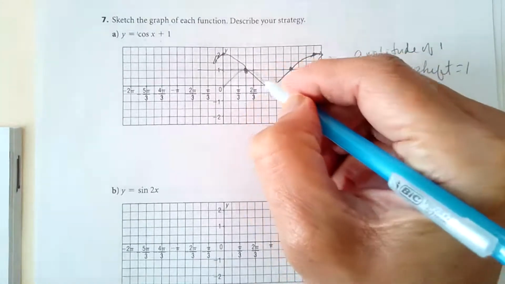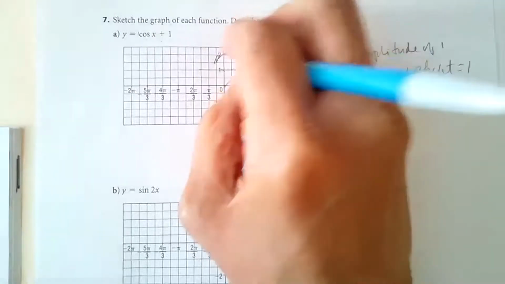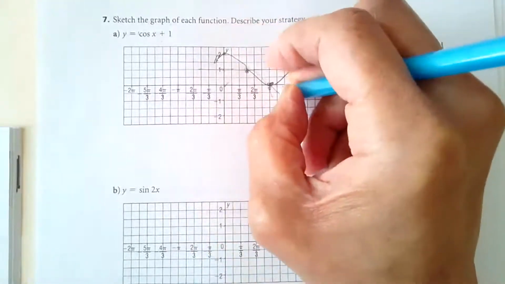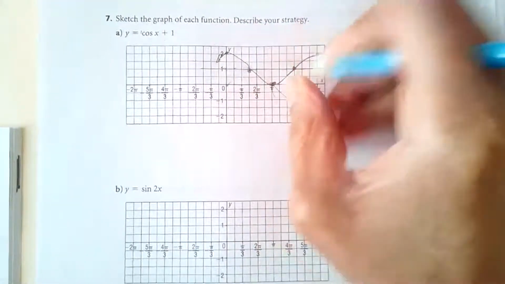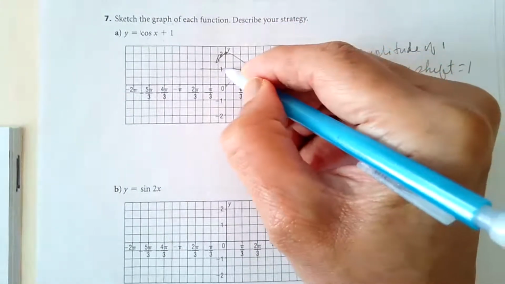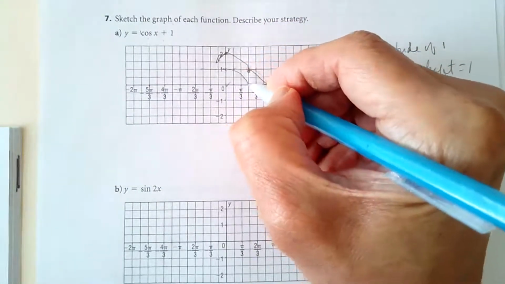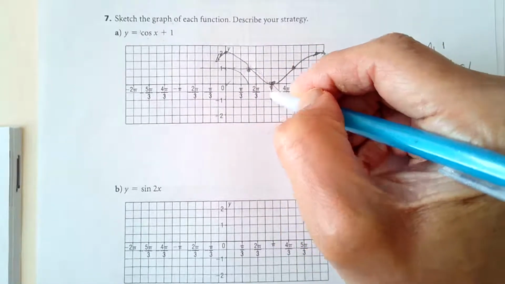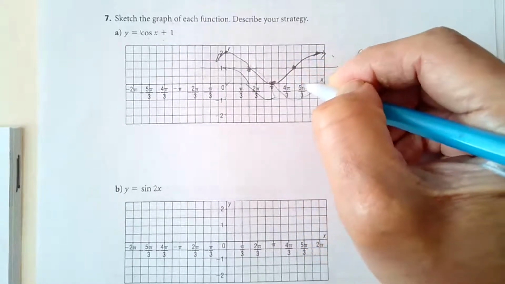Oh, that's my cos, that's my sine. Sorry about that, I'm jumping ahead, looking at the next question. So it's actually up here, down.